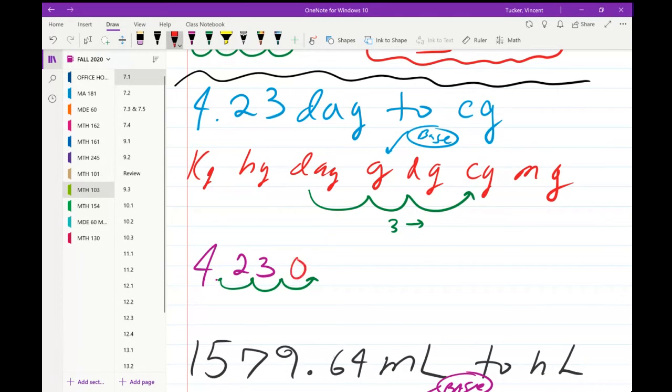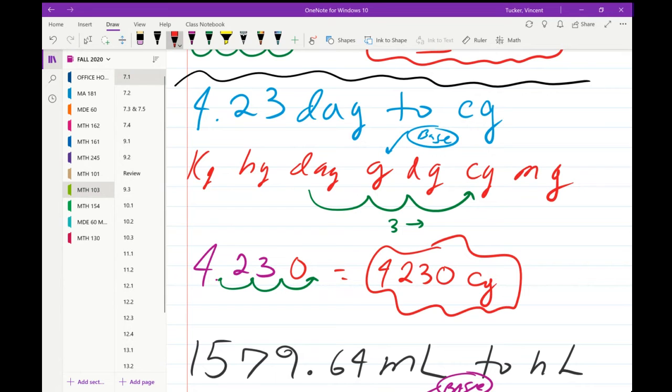So add a 0 here. So that's 4230 centigrams.